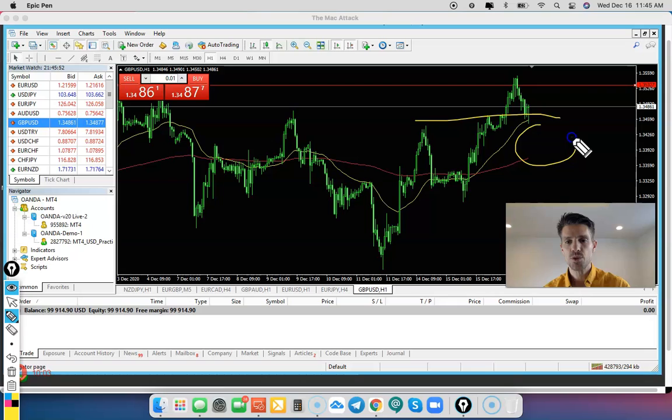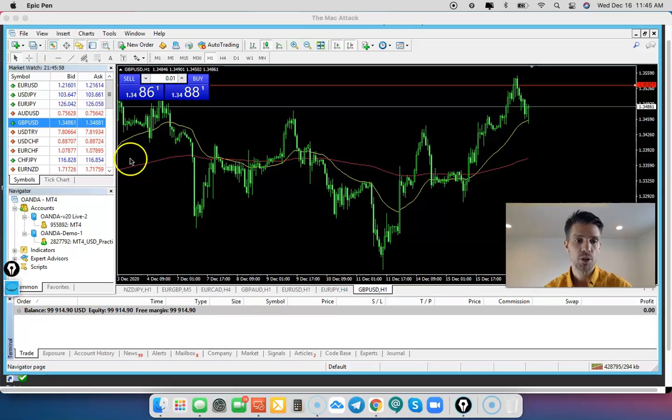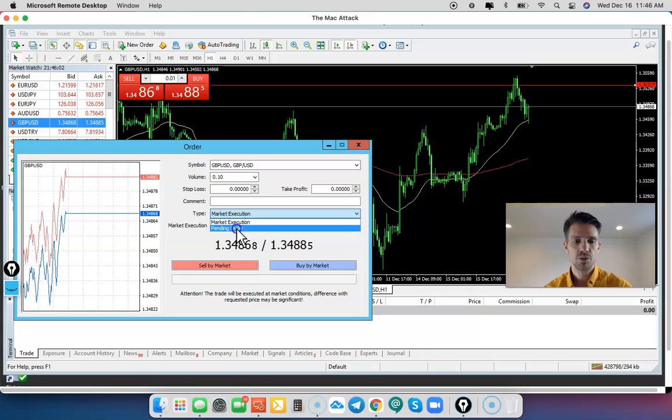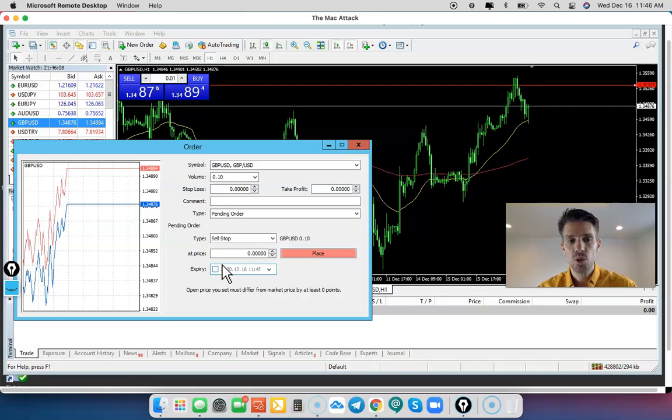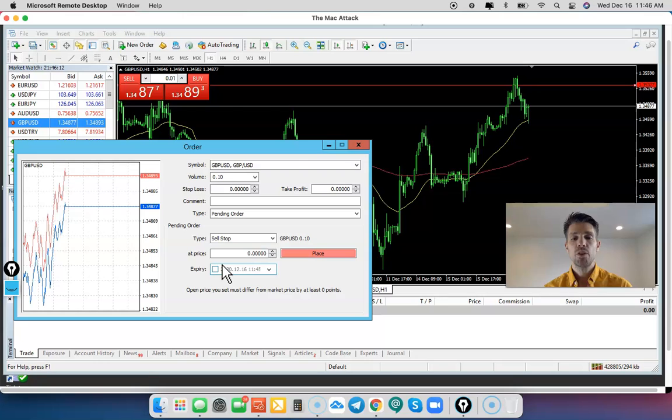And I want to sell below that support. So if I want to sell at a lower than current market price, that's where I'm going to use this over here, and I'm going to enter a sell stop. So if the current market price is 134.85, 90, I might sell at 134.50, meaning I want it to break out.